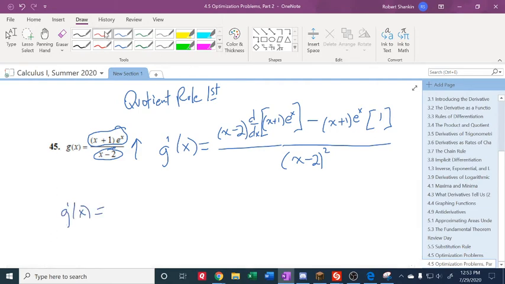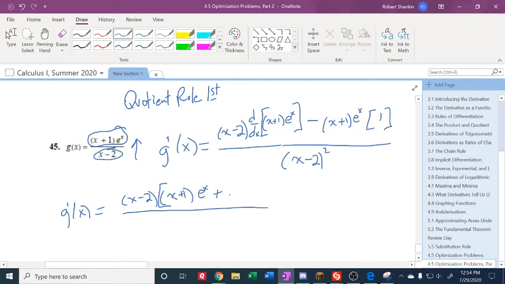So when I take the derivative of this one right here, oh, it's going to be complicated. That's a product rule. So I'm going to get the first times the derivative of the second. When I take the derivative of e to the x, I get e to the x, plus the second times the derivative of the first.